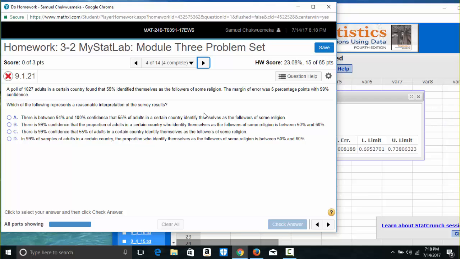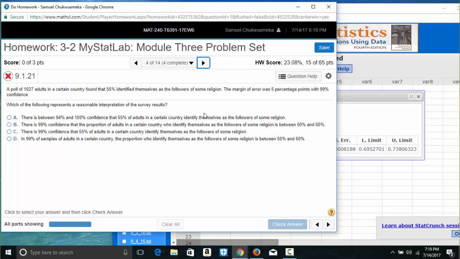And that gives you 50%. And the upper bound will be 55% plus 5%, the margin of error. And that is 60%. So we are 99% confident that the true value of the population proportion lies between 50% and 60%.